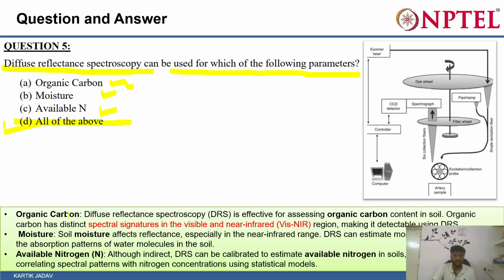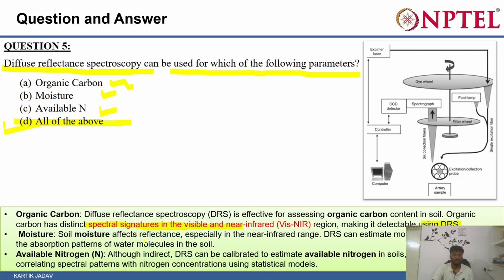In the case of organic carbon, DRS is effective for assessing it in the soil, as organic carbon has a distinct spectral signature in the visible and near infrared region, making it detectable using diffuse reflectance spectroscopy.